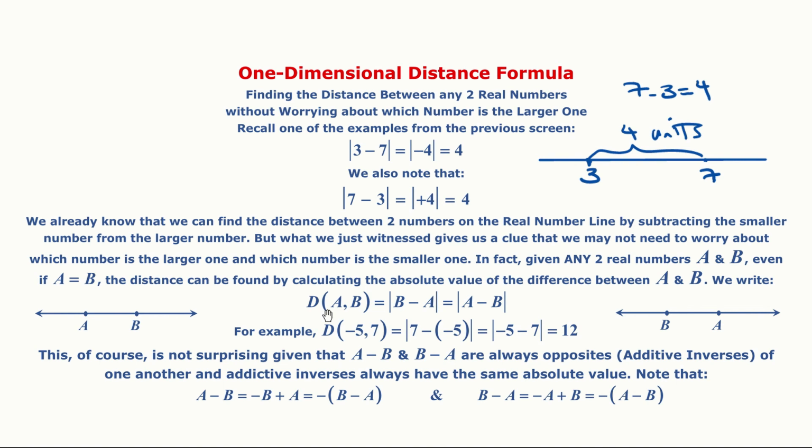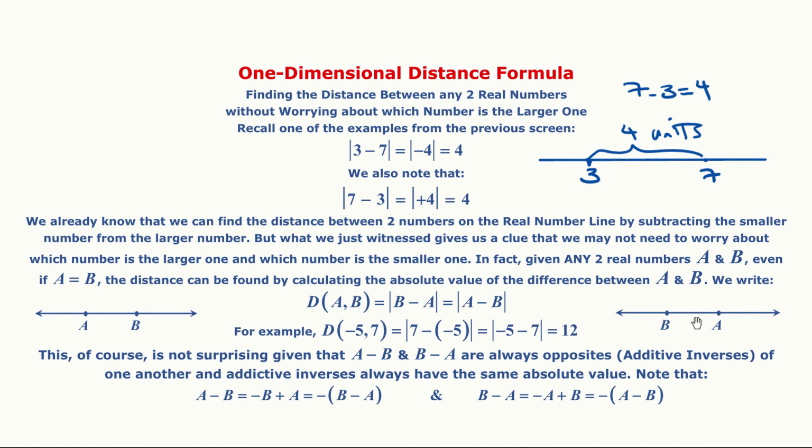Once we study the Cartesian coordinate plane and we get 2 dimensions that we deal with, then we'll come up with a different distance formula using the Pythagorean theorem. But for now, notice that the distance between any 2 points can be found by taking the absolute value of the difference between those 2 numbers.